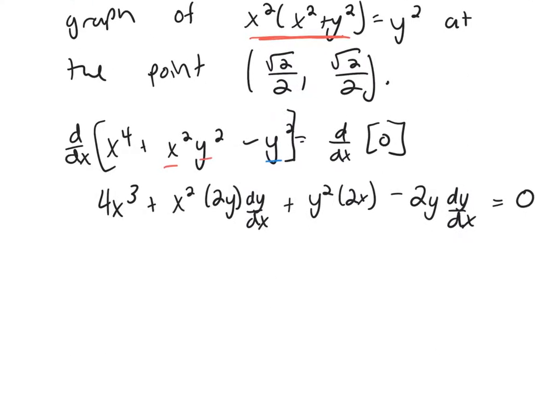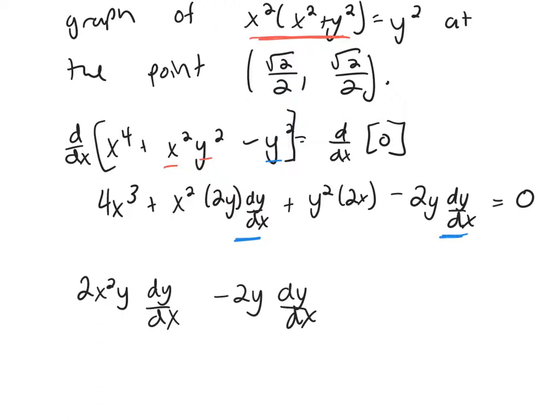So we're going to keep all of our dy/dx terms here on this left-hand side, and then we're going to move the other ones over. So I'm getting 2x squared y dy/dx minus 2y dy/dx equals negative 4x cubed minus 2xy squared.